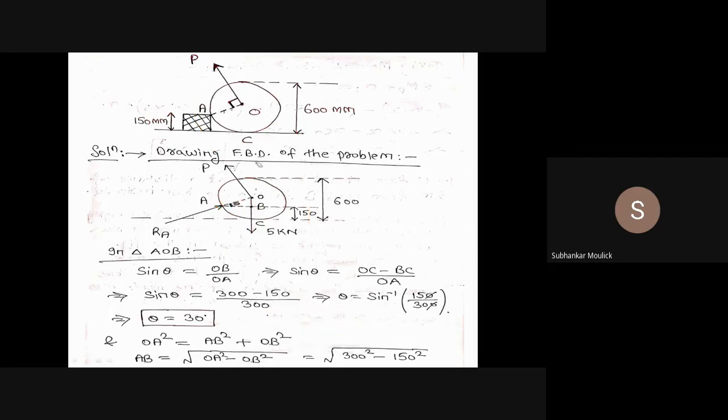So we have taken the moment of force P. We have taken the moment of force 5 kilonewton. Will I take the moment of force RA about point A? Yes or no?